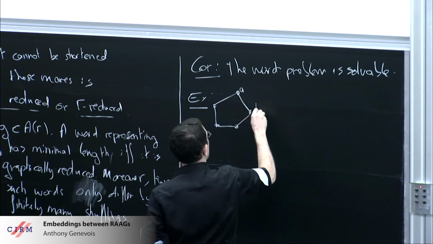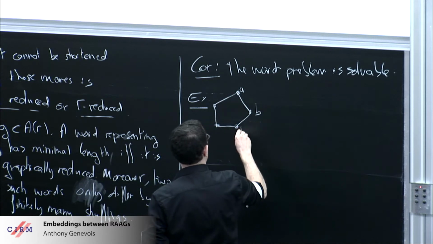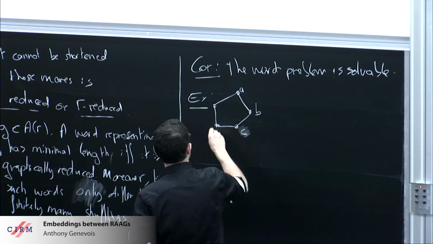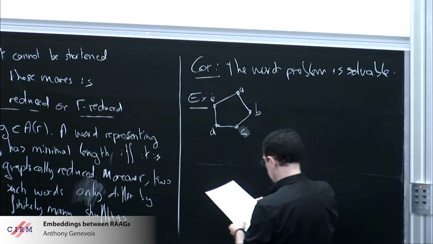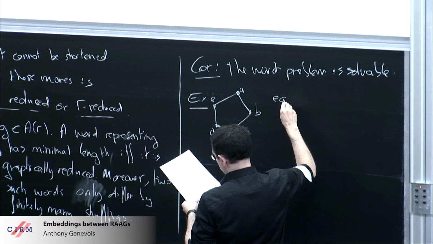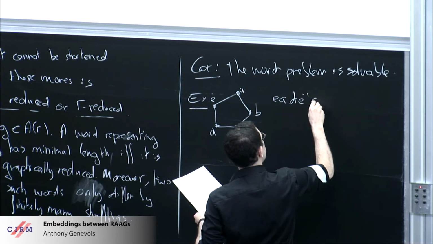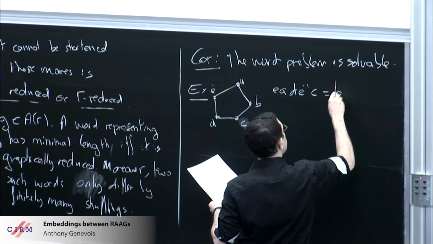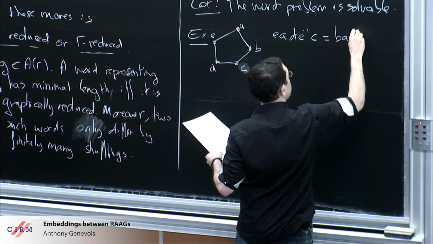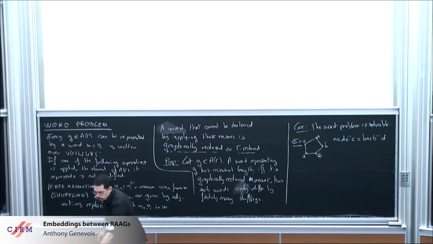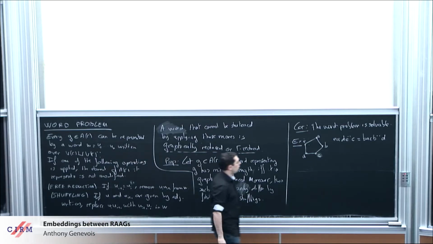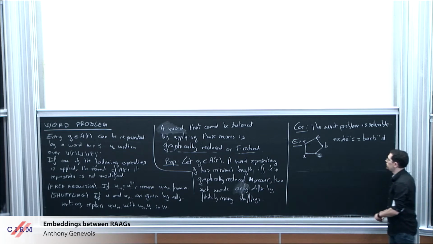Let's see, your gamma is just a pentagon, A, B, C, D, E. And now the claim is that E A D E^{-1} C is equal to B A C B^{-1} D. Okay, so how can I verify such an equality?